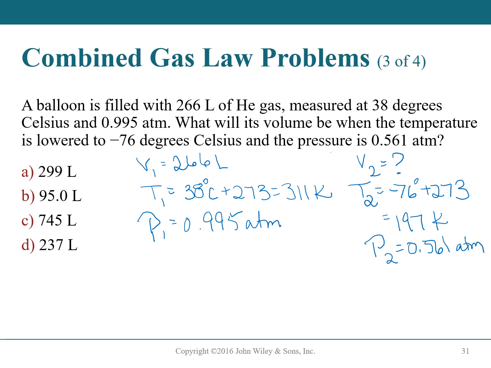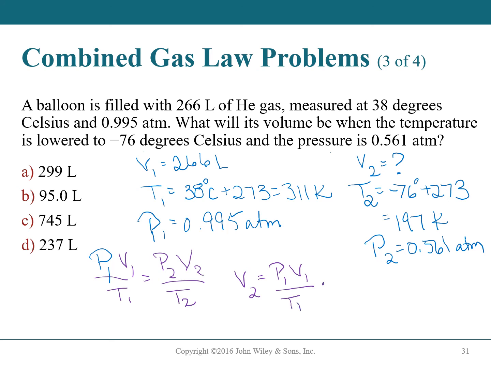So now that we've done all our conversions, let's go ahead and do our calculation. So we're going to use the equation P1 V1 over T1 is equal to P2 V2 over T2. That's our combined gas law. We're looking for V2, so V2 is equal to P1 V1 over T1 times T2 over P2. So let's go ahead and put our numbers in.